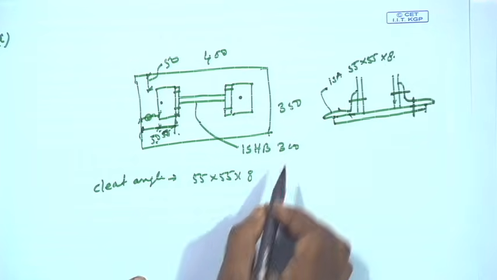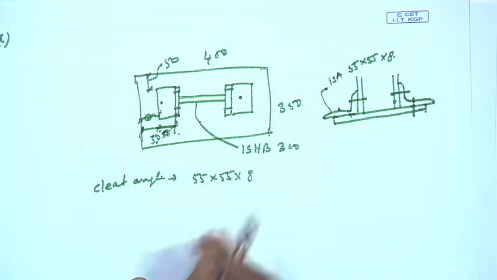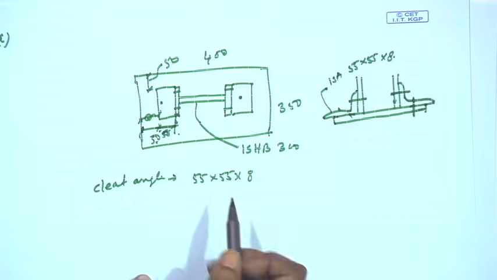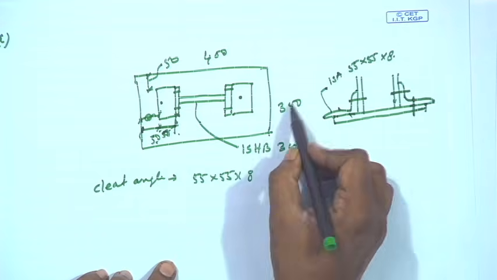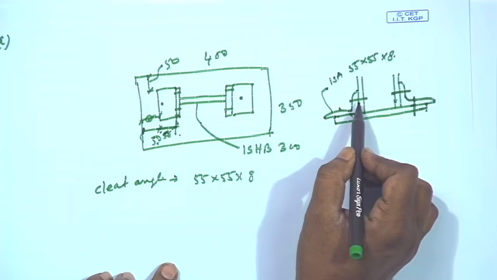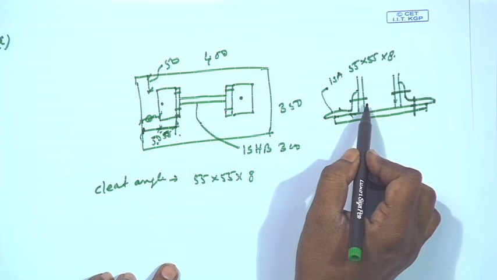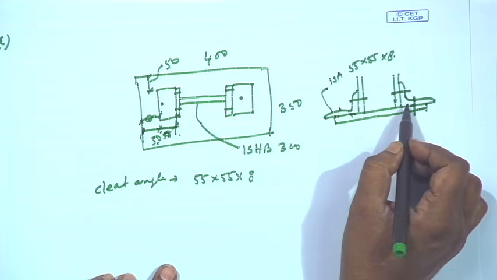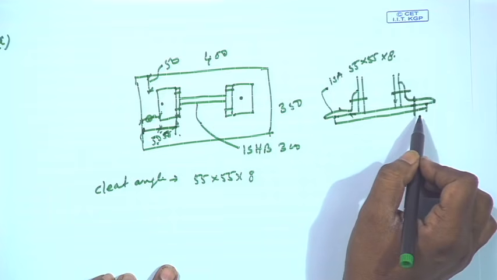As there is no bending moment and it is completely machined for perfect bearing, we will not design the cleat angle against moment. However, to keep the column in position, we are providing two cleat angles of this size.